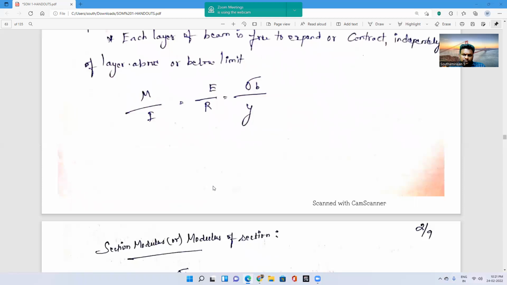This formula will be the base formula to calculate the moment of resistance of a member along with its bending stress and the moment of inertia, that is, the load carrying capacity of a member. So all the parameters are incorporated into one equation, that is, M by I equal to E by R equal to sigma B by Y.